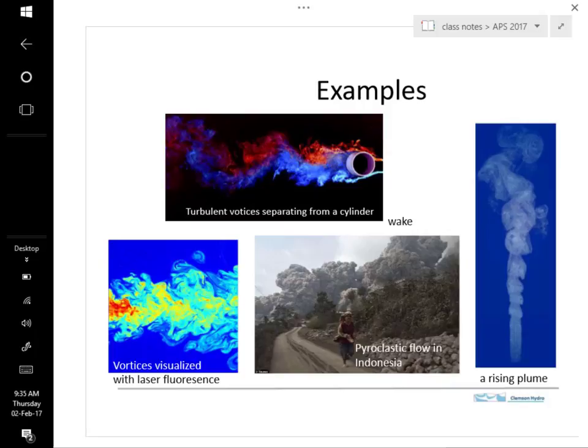There are some lab techniques that have been developed to image flow that is turbulent, and here are some examples. One of the things we'll see is the effect of a flow with an obstruction in it, and the obstruction then distorts the flow, creates a wake downstream from it.